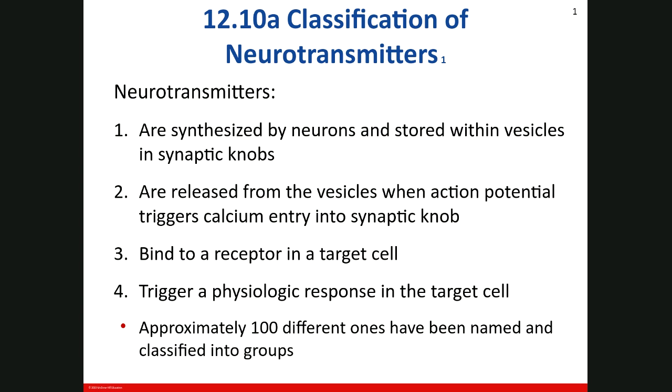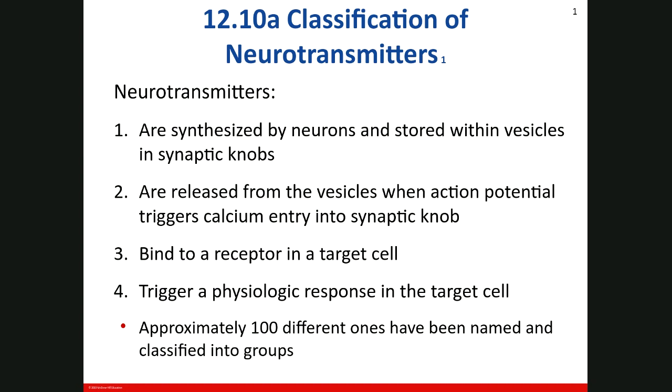Calcium ion should attach to the vesicles, and this combination can do exocytosis. When exocytosis takes place, they are released in the synaptic cleft. They bind to their receptor in a target cell, and they trigger a physiologic response in the target cell.